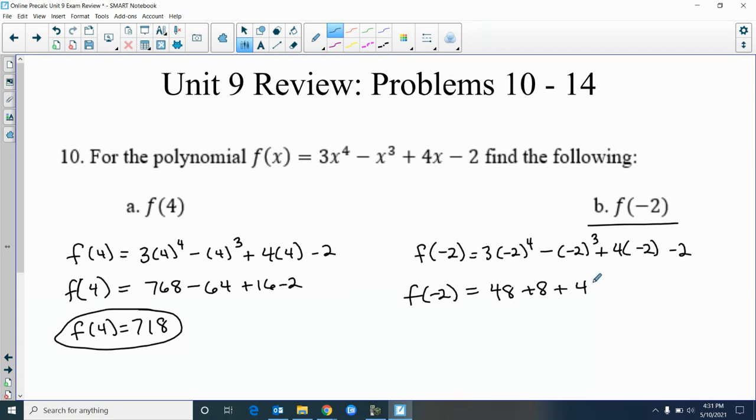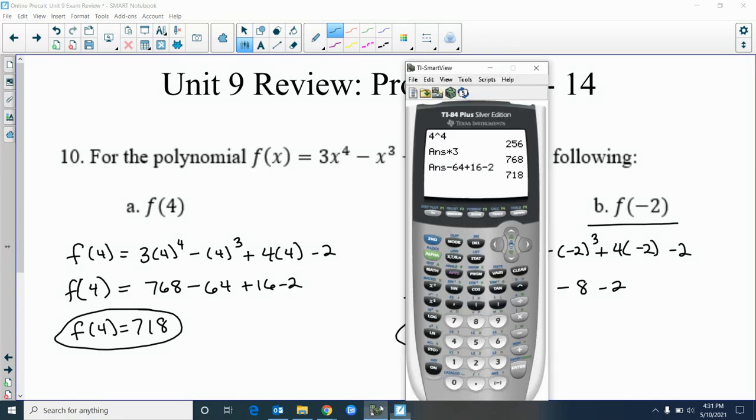Plus 4 times negative 2. Whoops. That's going to be 4 positive 4 times negative 2 is minus 8 minus 2. And so f of negative 2, 48 plus 8 is 56, minus 8 takes us back to 48, minus 2 is 46.